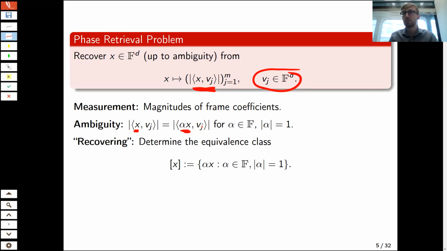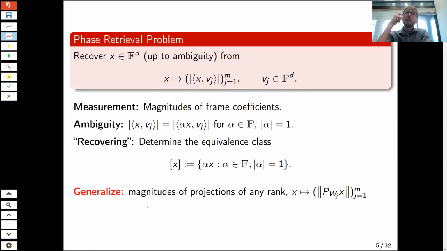So we could never distinguish signals that differ by one of these unimodular constants. Instead, we want to determine an equivalence class. This is the best we can do: the class of all vectors that are unimodular constants times X. We can at least hope to determine the class of the signal we are measuring with these magnitude measurements. That's really the goal: determine the class of X.